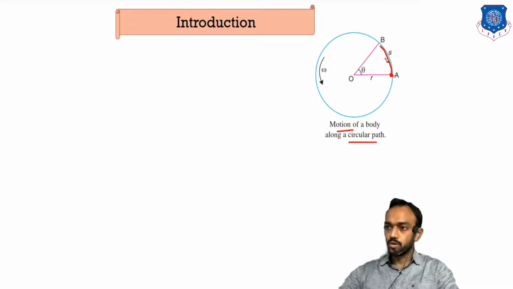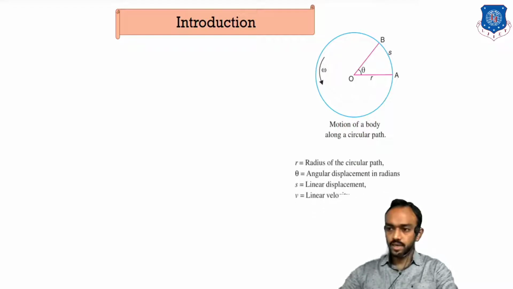So if a point is moving from A to B in time t, what will be the angular velocity? You can see here angular velocity omega is d theta by dt, meaning theta is the angle made by the point in t seconds, and r is the radius.